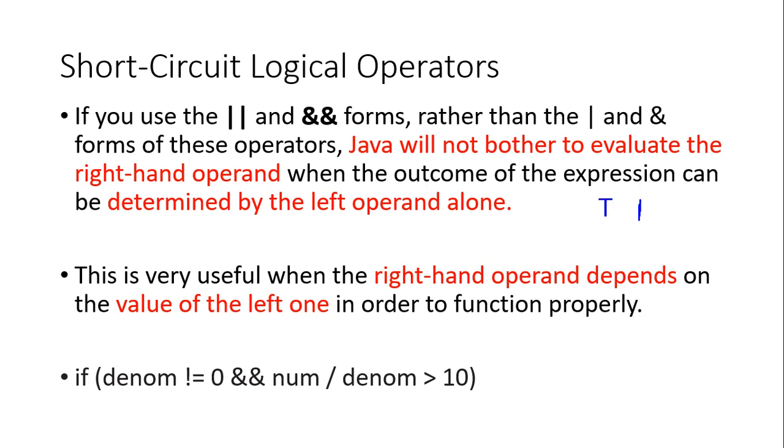What about the OR? Suppose the first expression is true, or if it comes OR, now look at the difference. OR is there. The second expression is also true. What is the answer? The answer is true, true or true is always true.